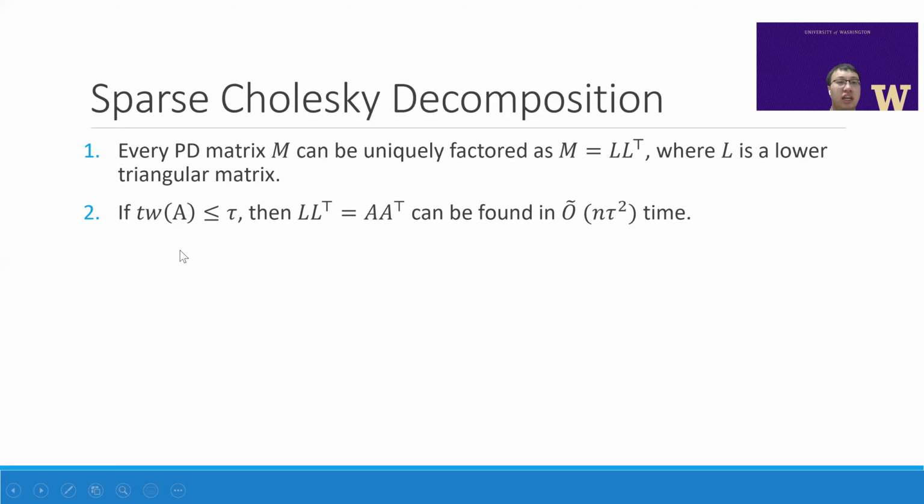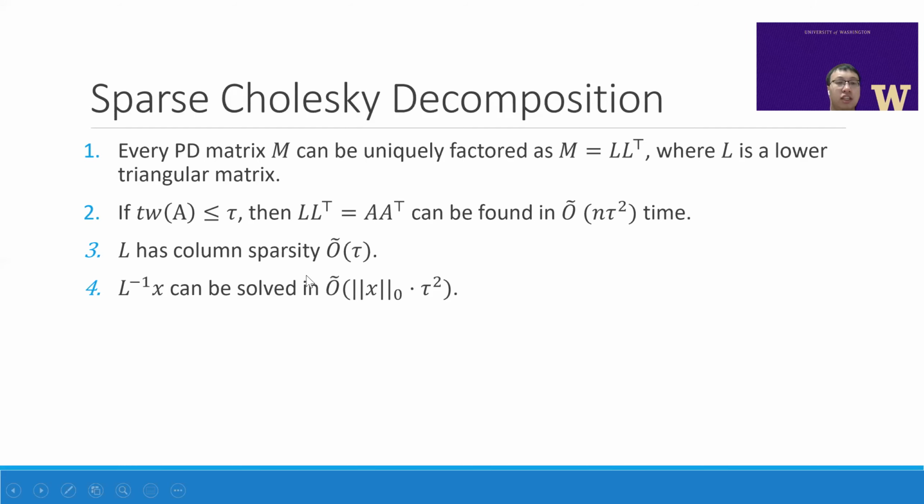And when A has more choices, then this decomposition has some nice properties. The first one is we can find this decomposition in n tau square time, and each column of L has column sparsity tau. And for the linear system, we can solve the lower triangular system in input sparsity times tau square time.